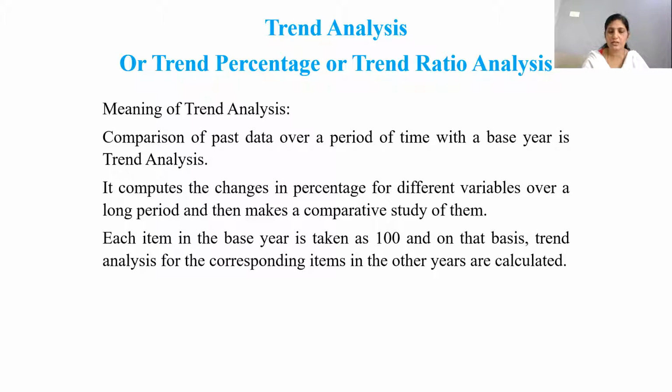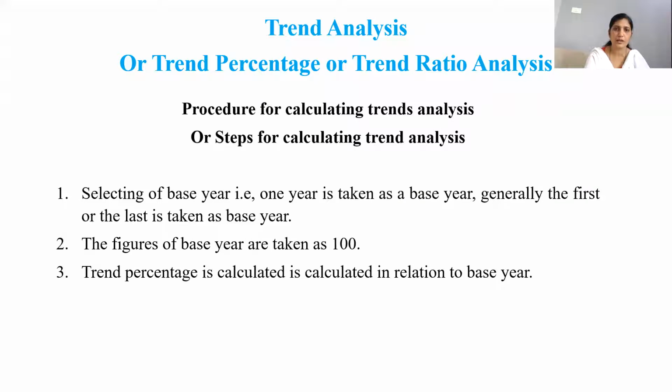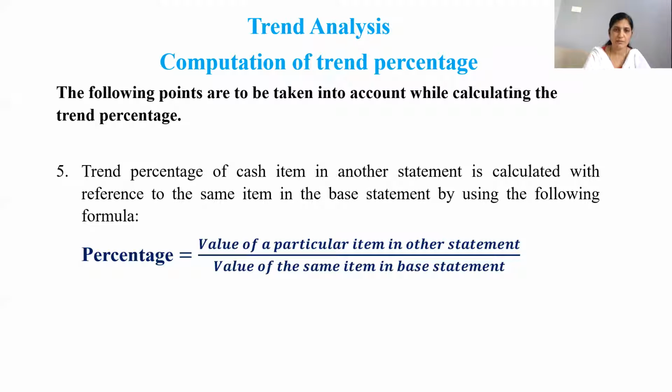There is no change. The earliest year is considered as 100%, and on that basis you'll be calculating the trend percentages for all the other years. Steps, everything will remain the same.